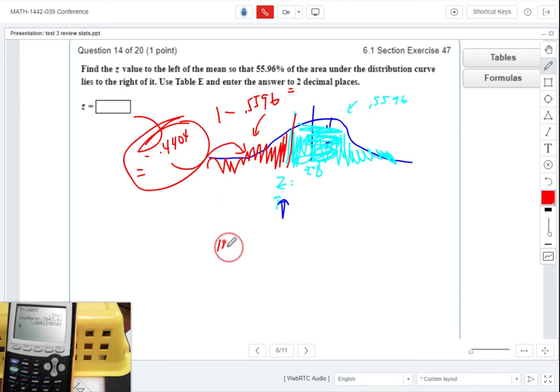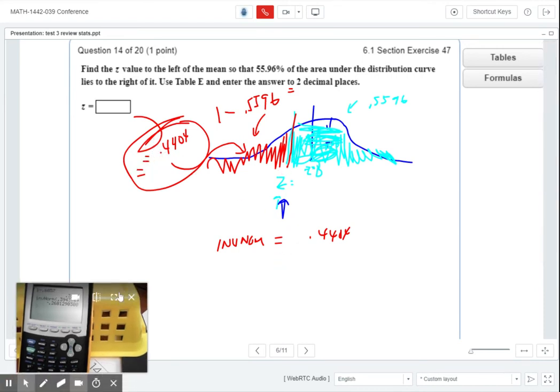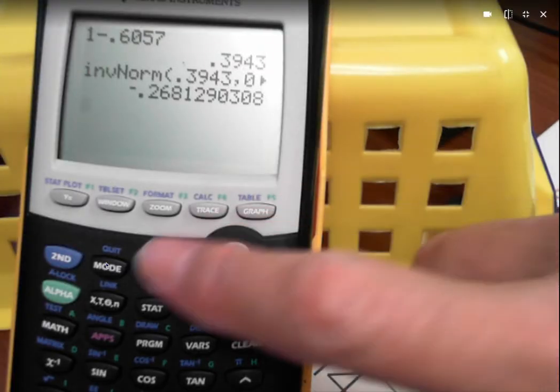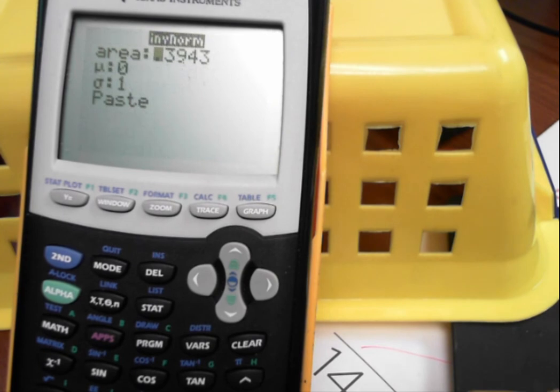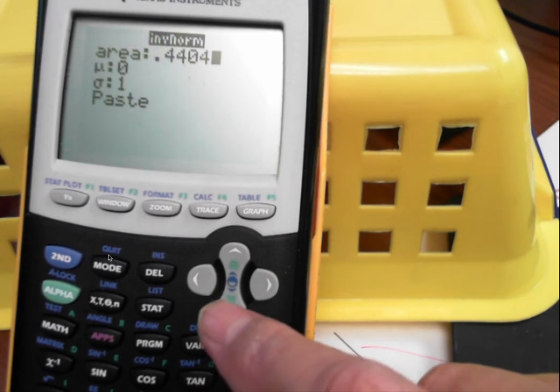So we're going to do the inverse norm again, and the area we're typing in is 0.4404. On my calculator, I go second vars, number 3, inverse norm, 0.4404.